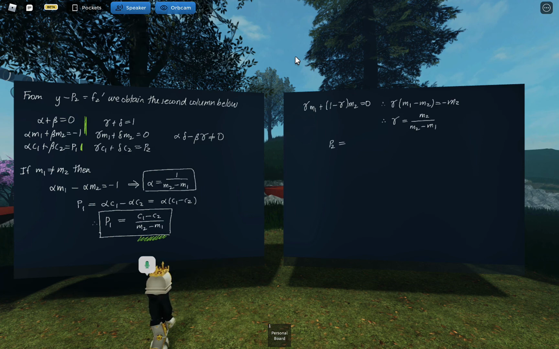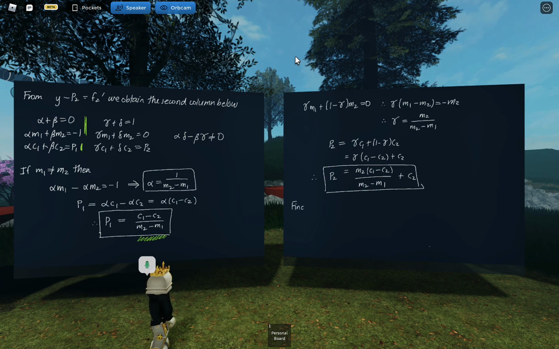Substituting that into the third equation, I get this. Okay, so we're done. We've written the point of intersection as explicitly as it can be written.